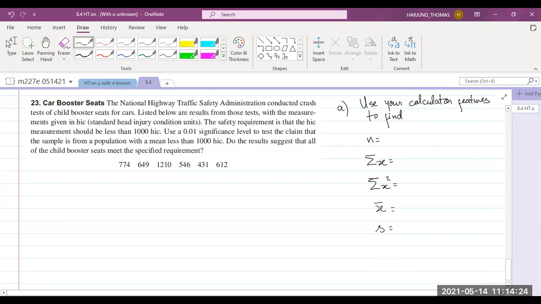So you need to know how to plug in data and where to compute it. After that, you do hypothesis testing. Okay, do as much as you can. I will give you, let's say, 10 minutes to do this. Part B is hypothesis testing.